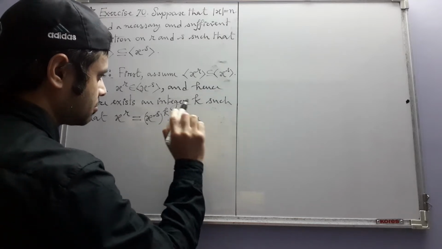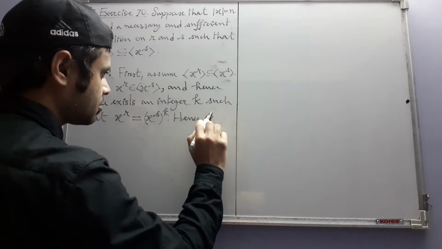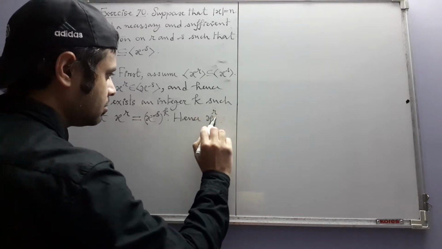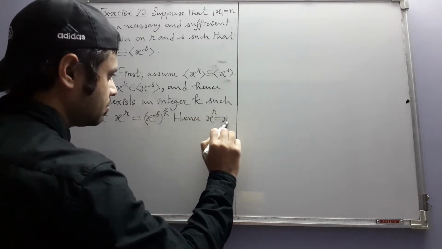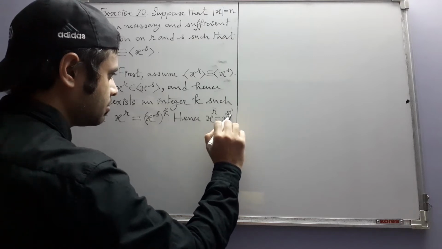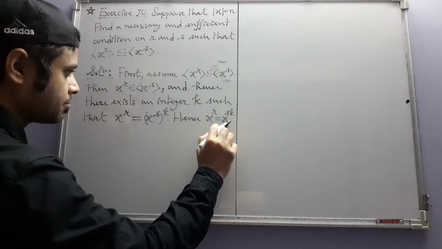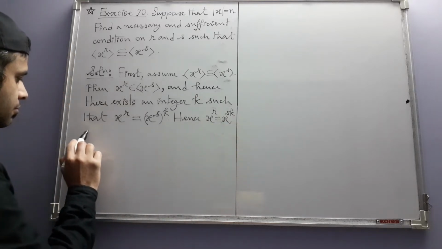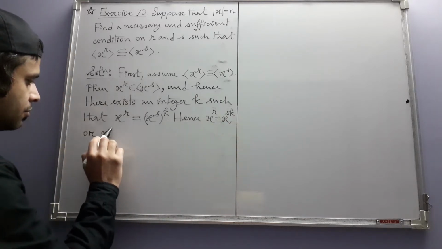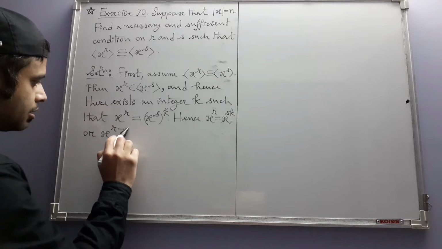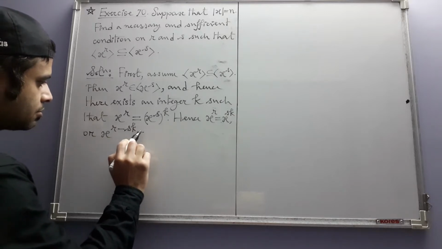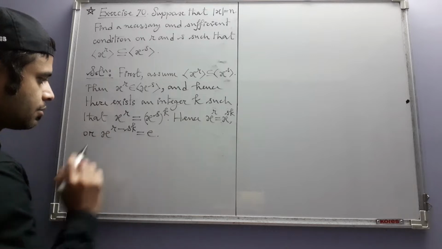Hence, x to the power r equals x to the power sk using the rules of exponents, or x to the power r minus sk equals identity.